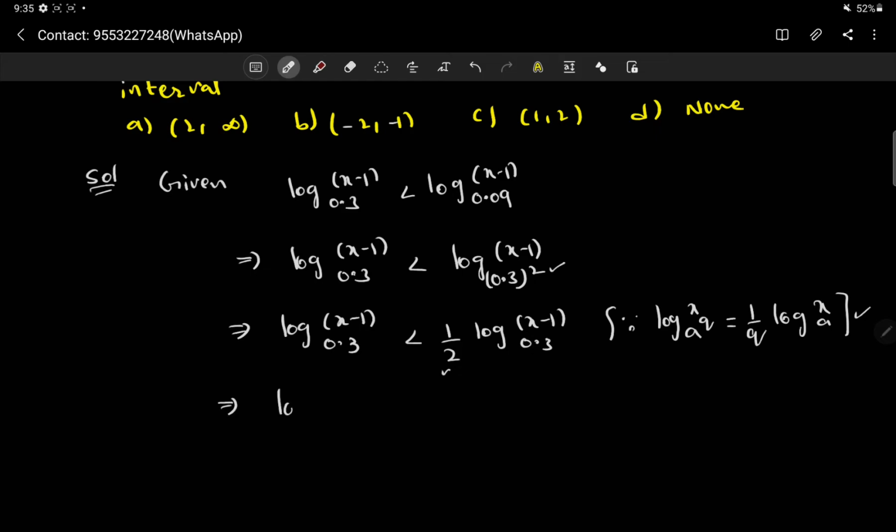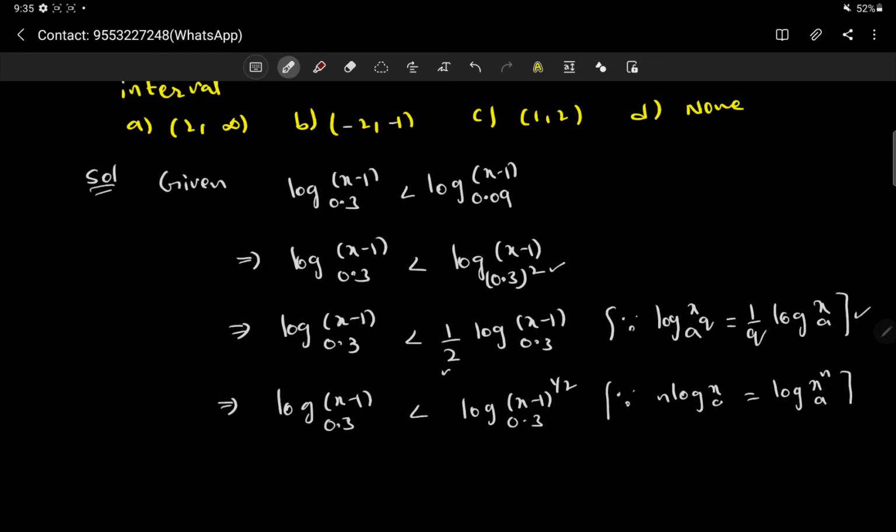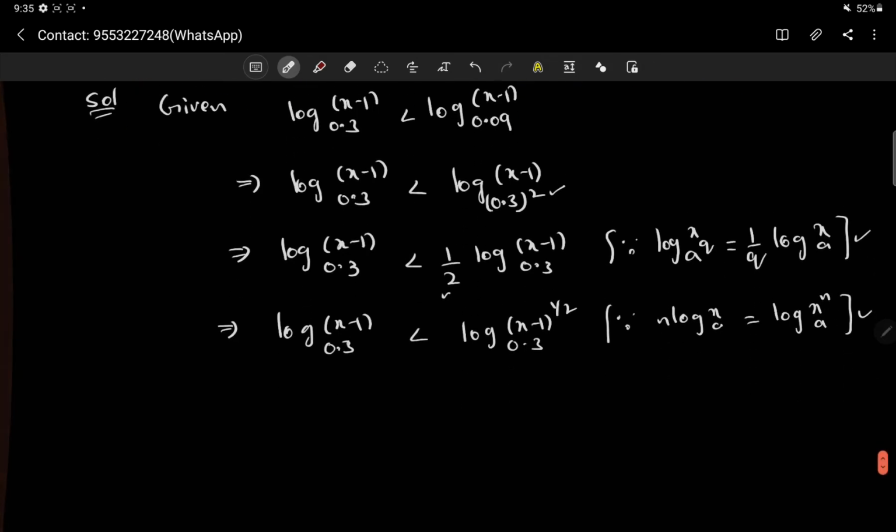So this implies log of x minus 1 base 0.3 is less than, now this 1 by 2 can be taken as the power for this x minus 1, with base 0.3. This is using the result that n log x base a can be taken as log x power n base a. This one also we proved.